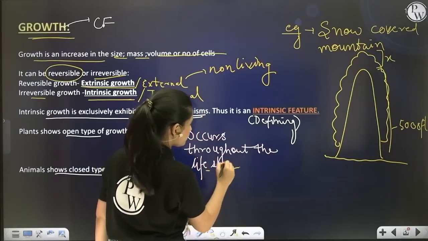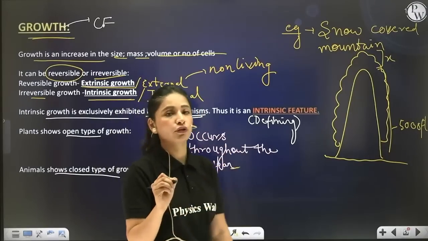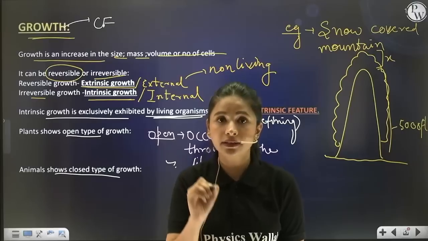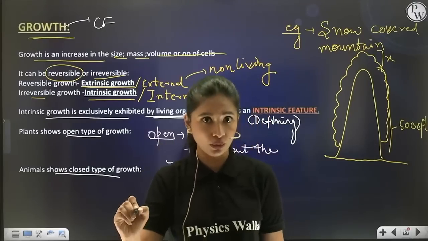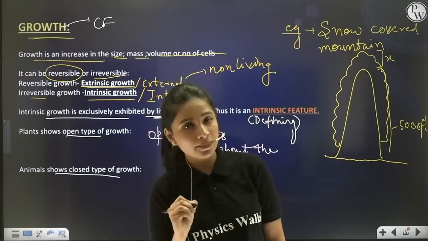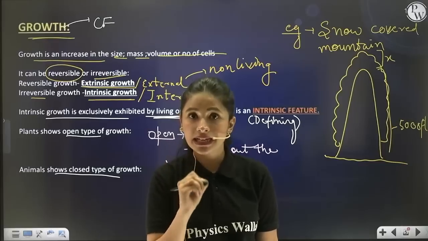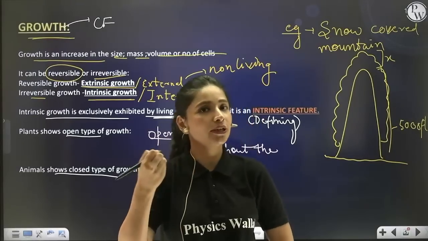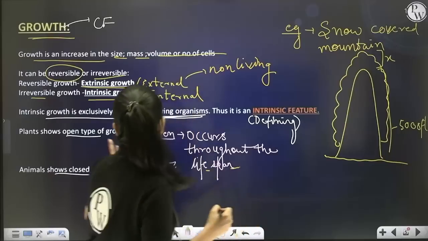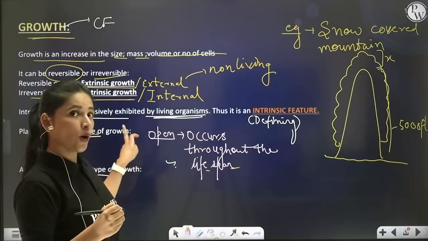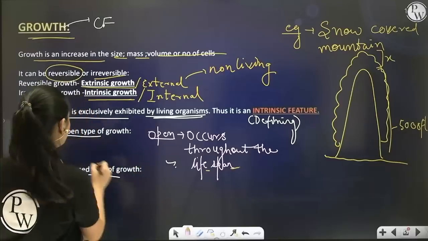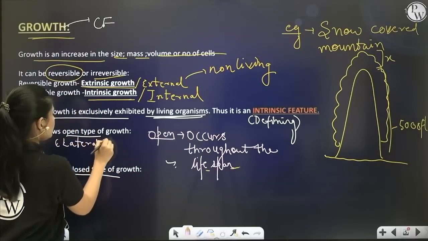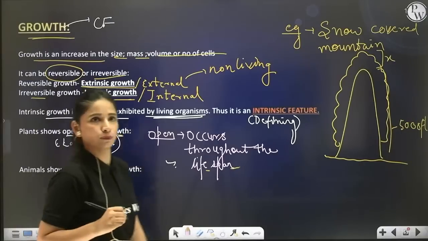Clear? And this type of growth is exhibited by some plants which are having lateral meristematic tissue, because lateral meristematic tissue results in secondary growth, and secondary growth is actually open type. So in plants they show open type of growth due to the presence of lateral meristematic tissue.